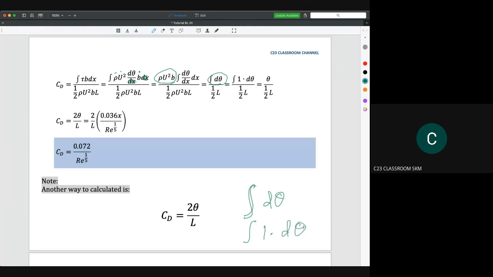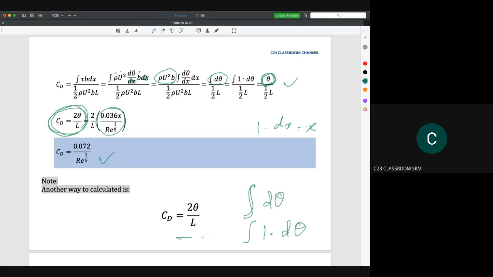If you have 1 dx, you will get an x, so we will get a theta here. If we solve this, we get theta over 1/2 L, which we can simplify as 2 theta over L. We substitute the value of theta that we have previously. Finally, we get 0.072 over Reynolds number to the power of 1/5.